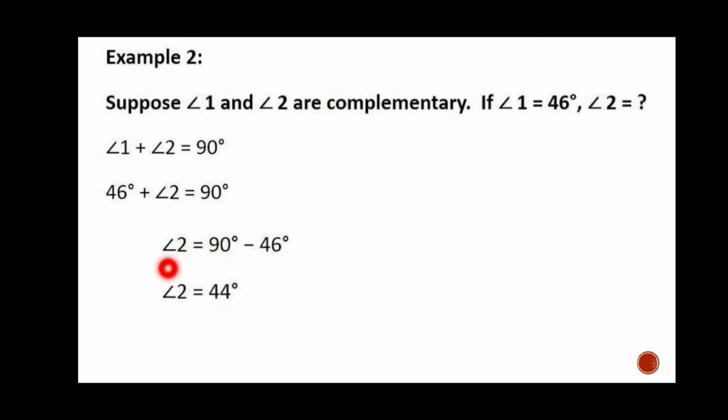So angle 2 will be 90 minus 46 degrees. So angle 2 will become 44 degrees. So from this example we have understood that whatever we take angle 1 more than 45 degrees, angle 2 will always be less than 45 degrees.